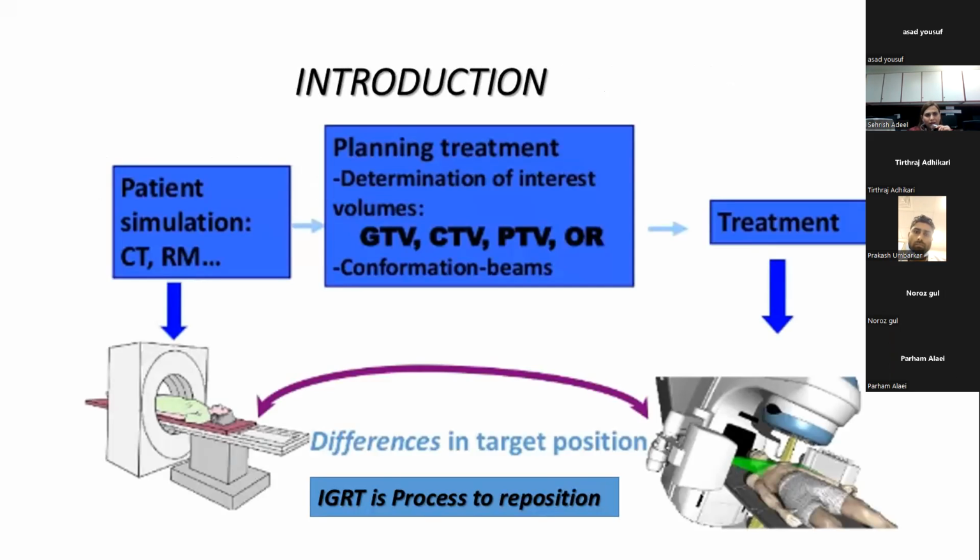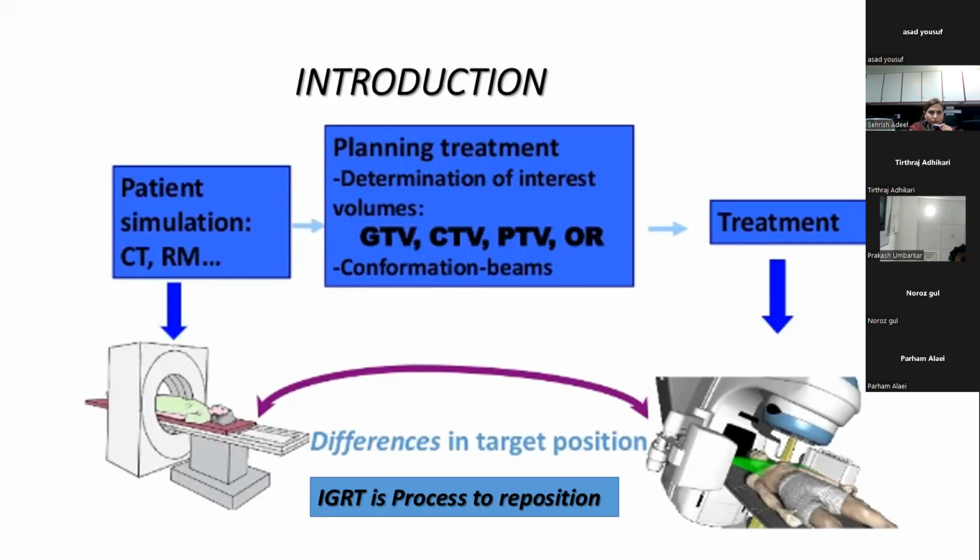Introduction. We all know that when we start doing radiation planning, it starts with the simulation, followed by the planning CT scan, and then the radiation oncologist marks the volumes. They mark the GTV, CTV, and PTV. Then our medical physicists do the precise planning, and then the time comes for the treatment delivery.